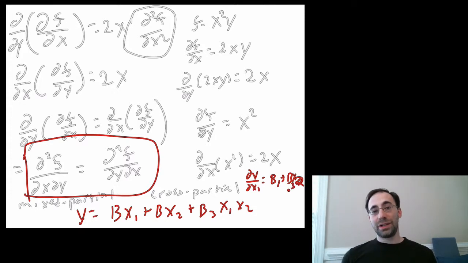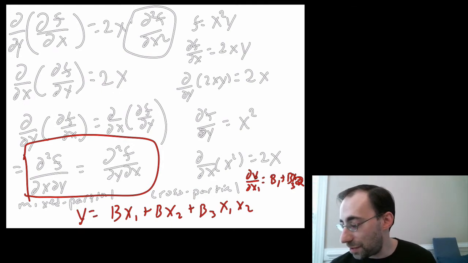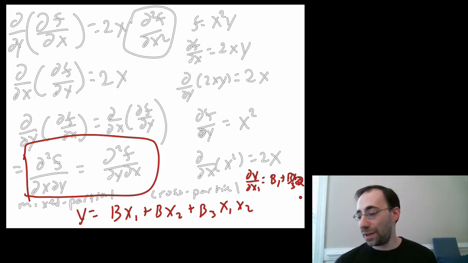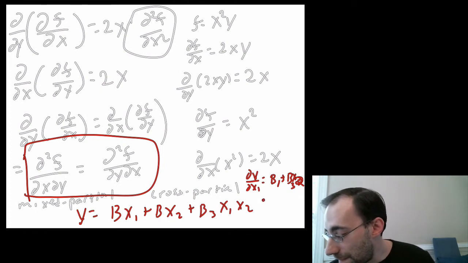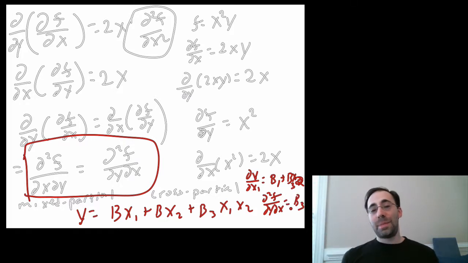Well, what's this cross partial here? Now we can differentiate this partial derivative with respect to x2. We're left with beta 3. So the cross partial is beta 3. So here, beta 3, the coefficient on the interaction term, tells you whether these two things are complements, in the sense that increasing one makes increasing the other one more effective in increasing y, or substitutes.